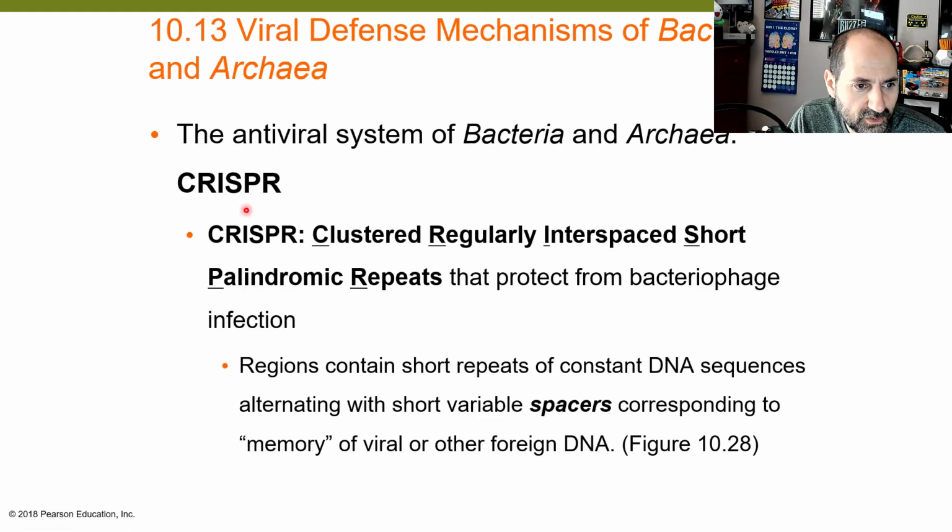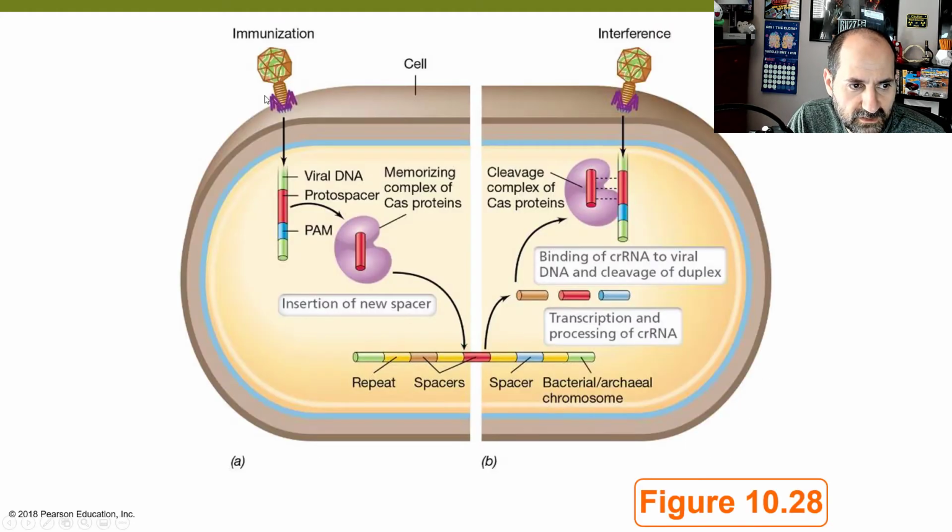We talked about CRISPR. This is good to understand how CRISPR works. CRISPR uses spacers. And remember the mechanism of action of CRISPR. You have viral infection. And once the viral genome is inside the bacterial cell, the Cas proteins, the memorizing complex of Cas proteins, will recognize the PAM sequence, and it will chop out a protospacer next to the PAM sequence.